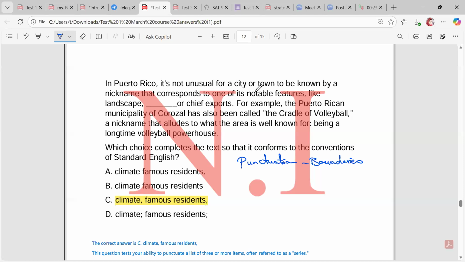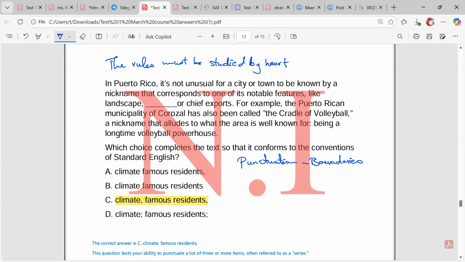Here we have punctuation or boundaries, and for punctuation and boundaries you must study the rules by heart. The rules must be studied by heart. It's just like what I stressed now: two lessons to be studied by heart, the transitions and the punctuation rules.